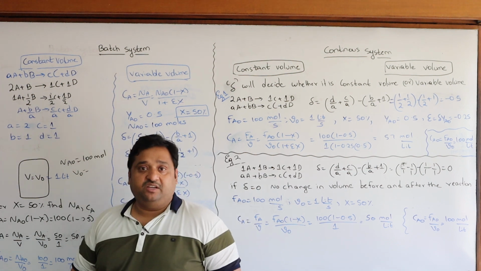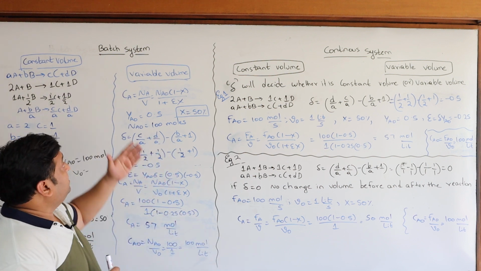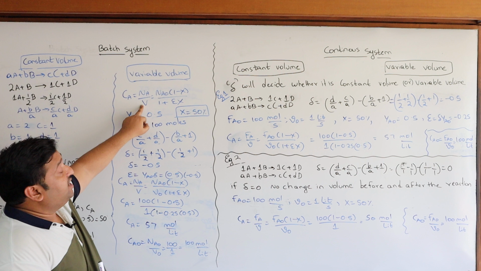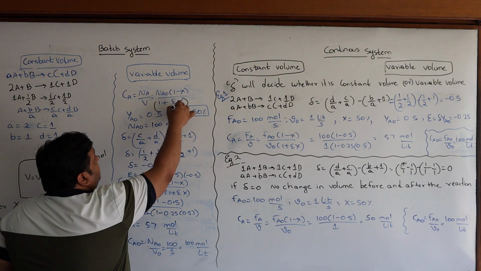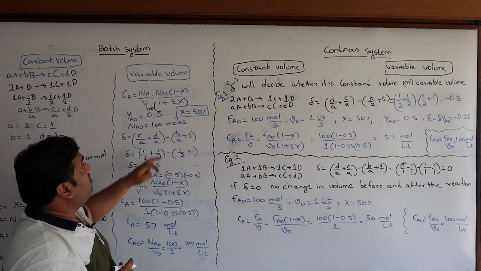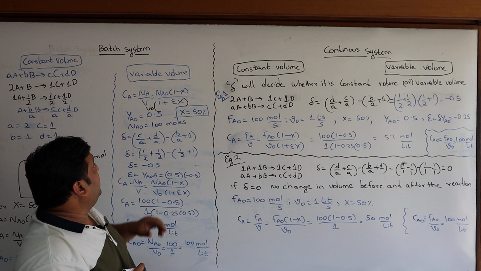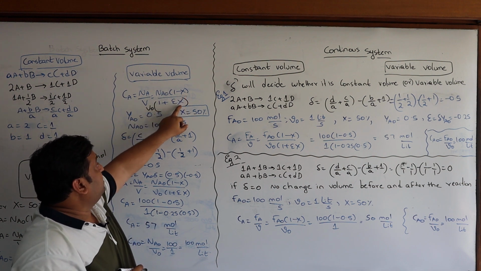If this kind of reaction happens in a variable volume batch reactor system, then Ca is equal to Na by V, where final volume V is equal to initial volume V0 into 1 plus epsilon x, as we have decided, so Ca equals Na0 into 1 minus x by V0 into 1 plus epsilon x.